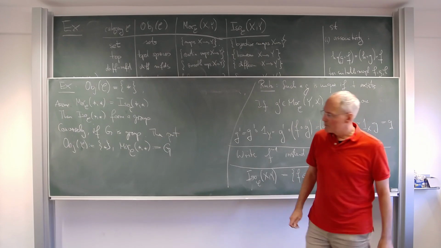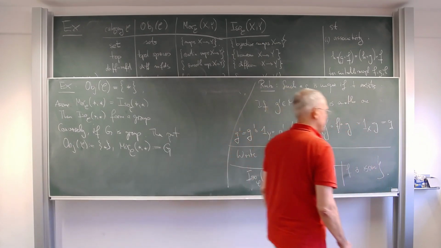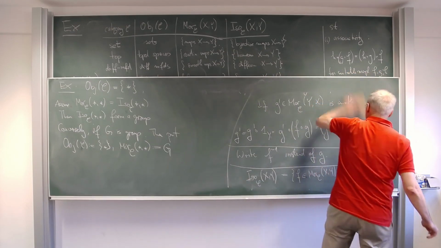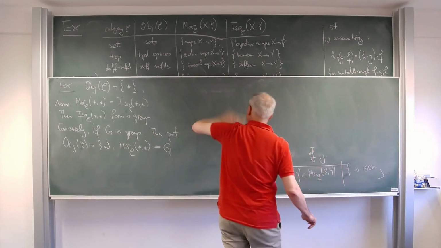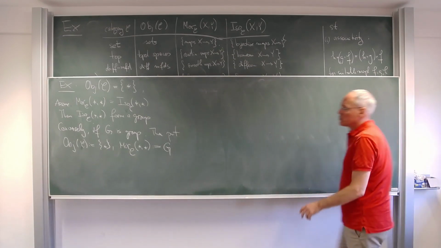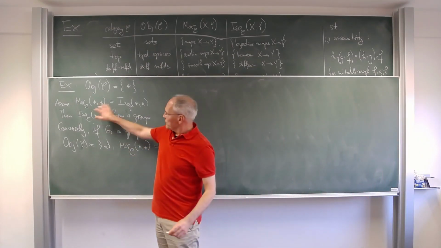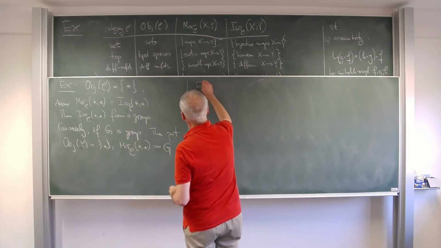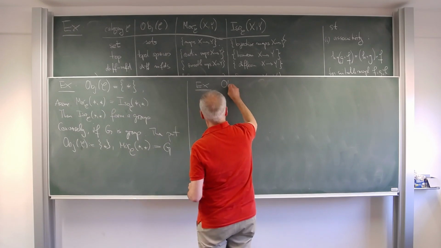Now, this can be generalized in various directions. For example, you could drop this assumption that all morphisms are invertible. So again, we have only one object.